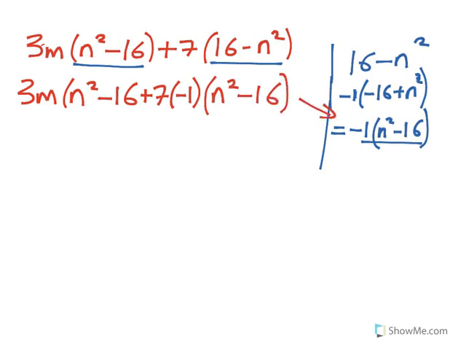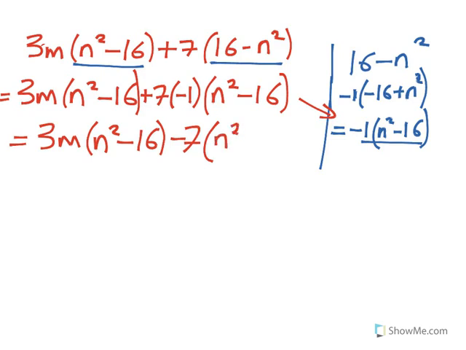Just refer to this so that you will remind yourself what I just did. Now this continues as 3m(n squared minus 16). Now 7 times minus 1 is minus 7(n squared minus 16).